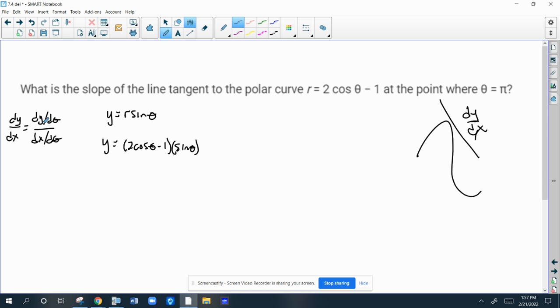So we're going to have to figure out what dy/d theta is, so let's do it. dy/d theta would be the top of this fraction for dy/dx. It's a product, so it's the first times the derivative of the second. Derivative of sine is cosine.